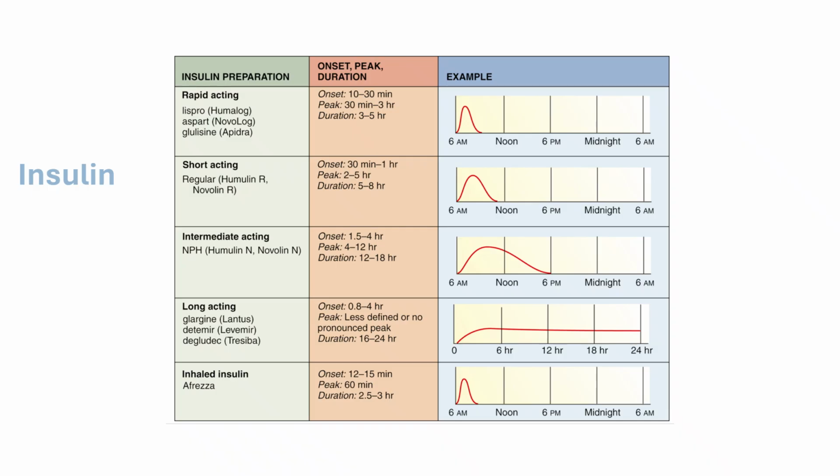What's important about knowing about the rapid acting is that the onset is very quick, right? It's 10 to 30 minutes and it peaks at 30 minutes to 3 hours. So, why is this important? It's important because if you have to give this medication, say for instance, in the morning, and it says that it's ordered to be given at 7 o'clock in the morning, and your breakfast trays are not coming until 8 o'clock, don't give that medication to a patient at 7 o'clock in the morning.